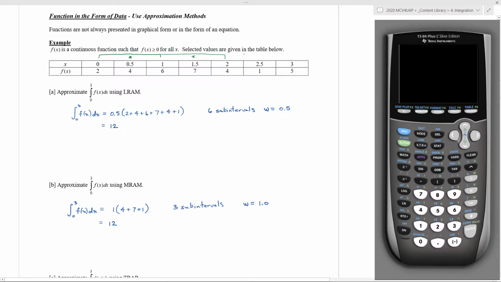And then for the third subinterval, we would have 2.5 as the midpoint. And that's really all we can do given that data set using MRAM. That's basically our only option. So the width of each subinterval is 1. So I'm going to take that 1 and multiply it by the y value at 0.5, at 1.5, and 2.5. So I just add 4 plus 7 plus 1, multiply it by the width of 1, and I get 12.